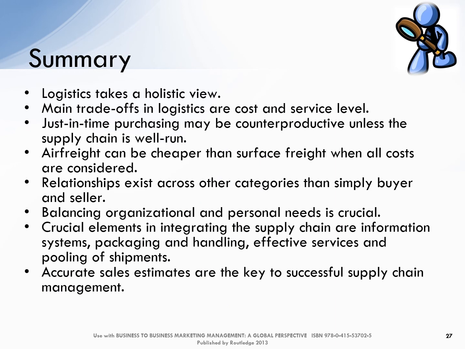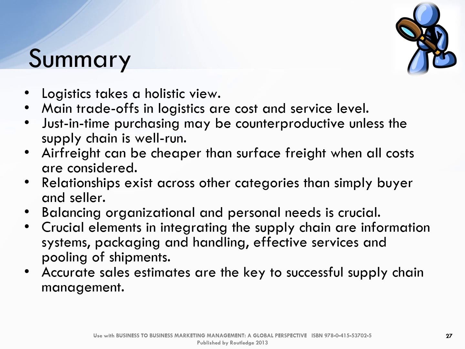Summary. In the supply chain management chapter, we have discussed logistics. We have described that logistics takes a holistic view. The main trade-offs in logistics are cost and service level. Just-in-time purchasing may be counterproductive unless the supply chain is well run. Air freight can be cheaper than surface freight when all costs are considered.